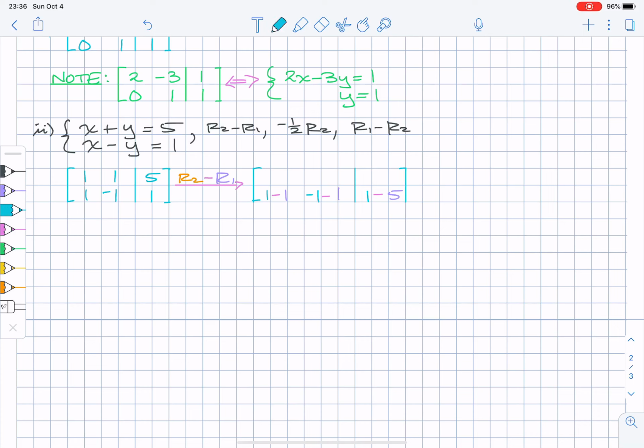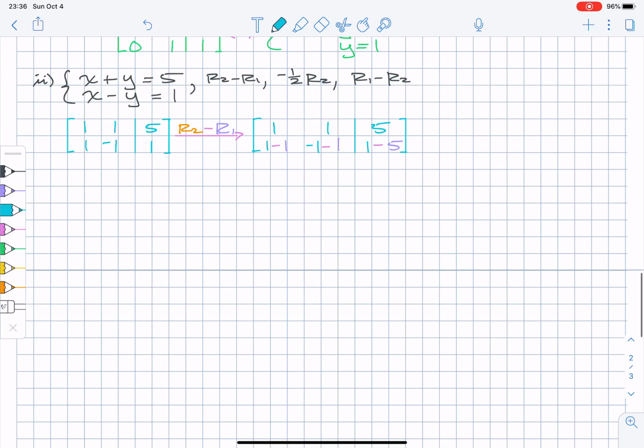Now row 1 just stays the same. It's 1, 1, 5. So what this gives us then is 1, 0, 1, negative 2, augment, 5, negative 4.